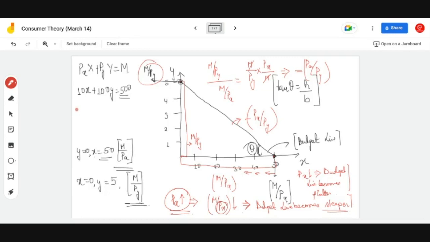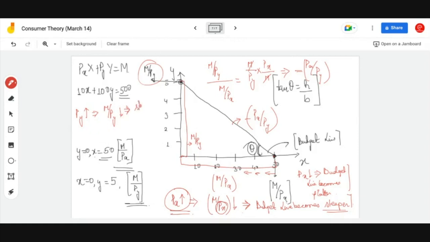Now, similarly, if your Py is increasing, what happens to your M upon Py? It will decrease. So what happens to the slope of the budget line when your Px is constant?